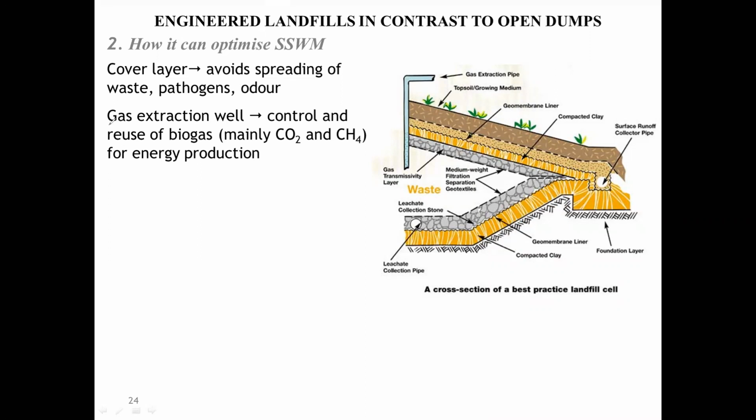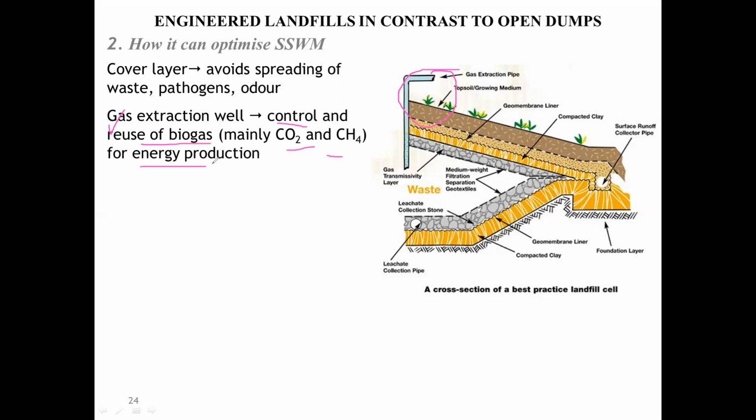Then you have gas extraction. We have the process of gas extraction wells in the case of our engineered landfill. Of course, we don't have anything in the case of open dumping. In open dumping, we are simply throwing that. Since we have a gas extraction well, which can be controlled and can be reused for biogas, mainly the carbon dioxide and the methane which are generated are going to be used for energy production in the biogas plant.